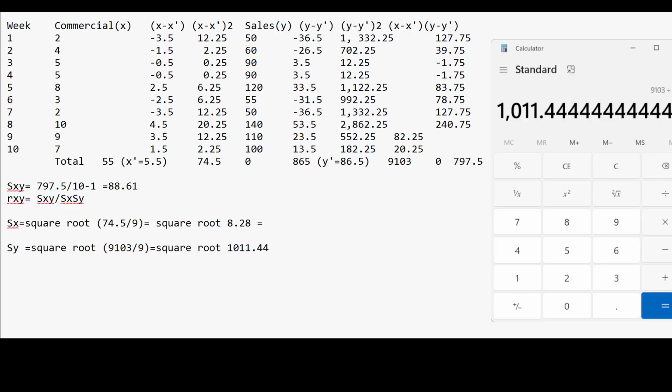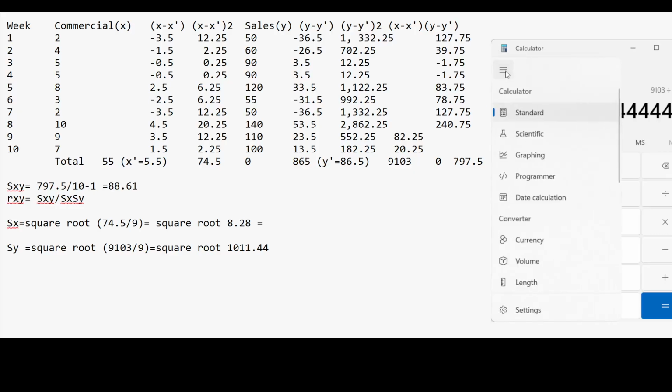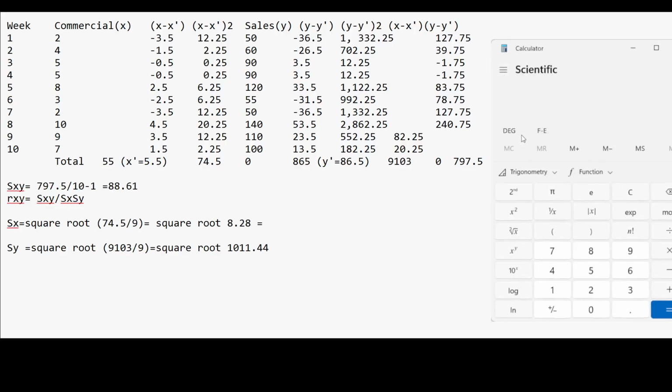Let's use a scientific calculator. Where is the square root? Oh, this one.